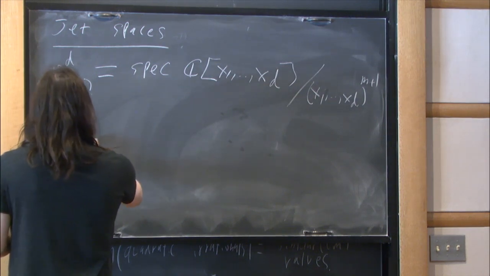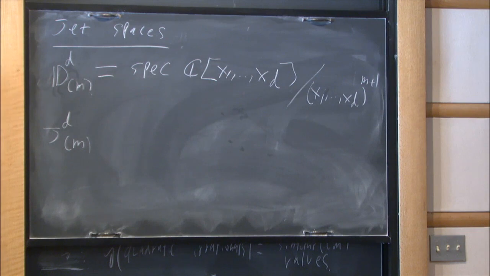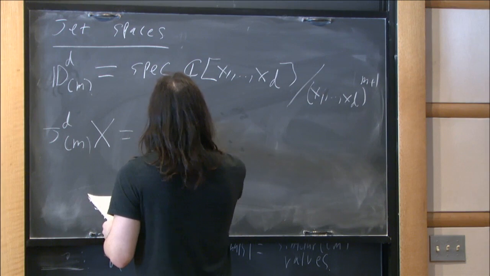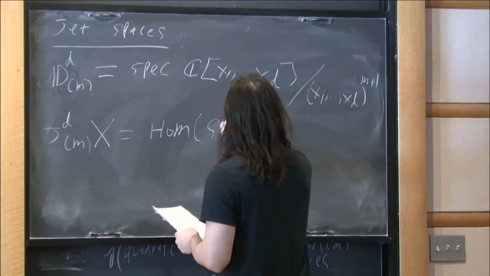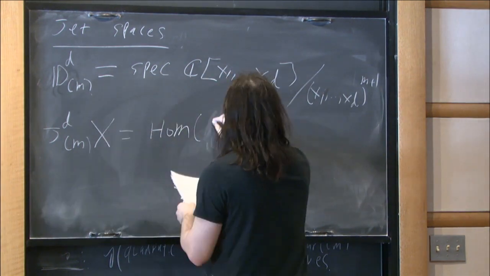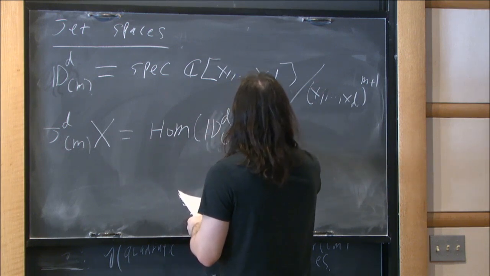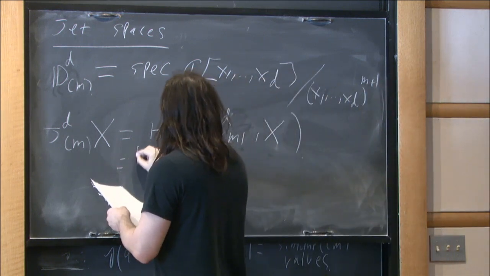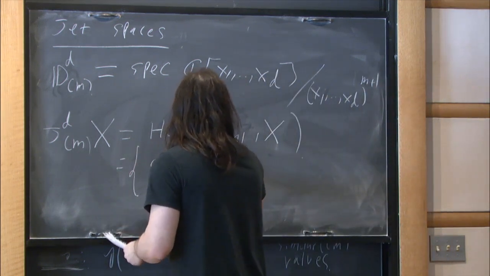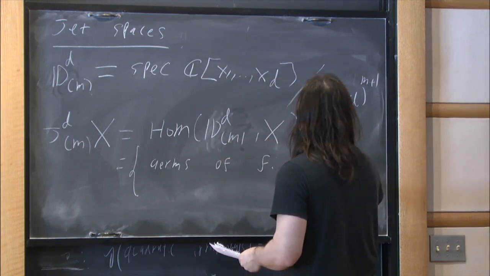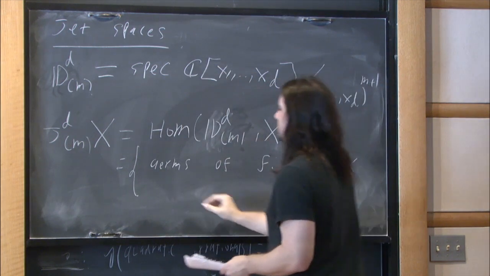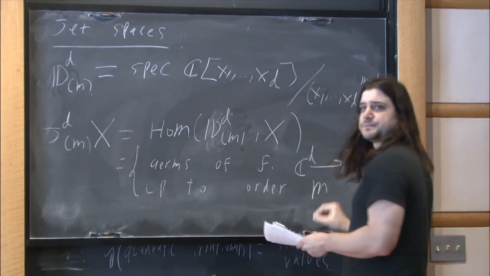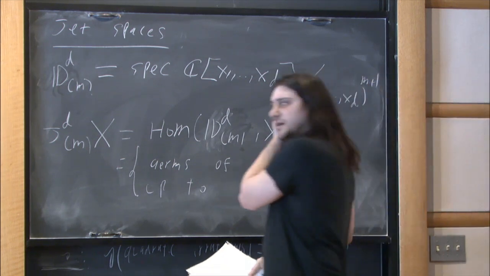And then we can define a jet space for any analytic space X to be maps from this guy into X. In other words, you can think about it as germs of maps from C to the D to X up to order m. Concretely, that is what it is.